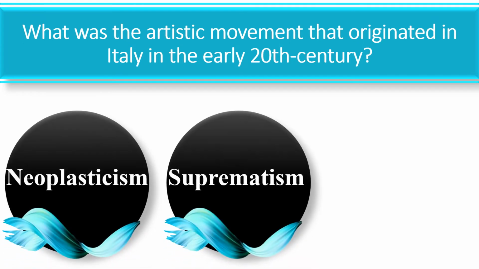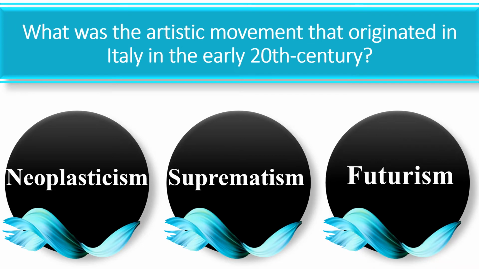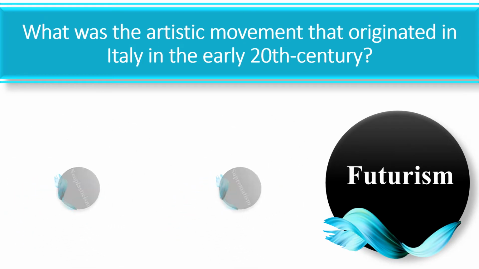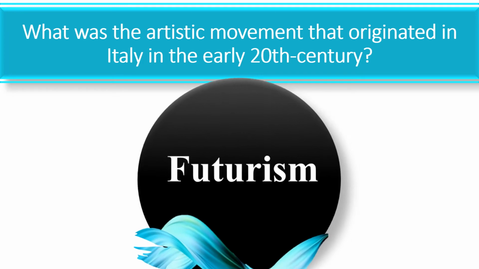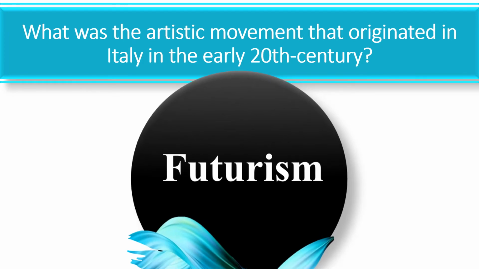Neoplasticism, suprematism, Futurism. Futurism. Futurism was an artistic and social movement that originated in Italy in the early 20th century. It emphasized dynamism, speed, technology, youth, violence, and objects such as the car, the airplane, and the industrial city.